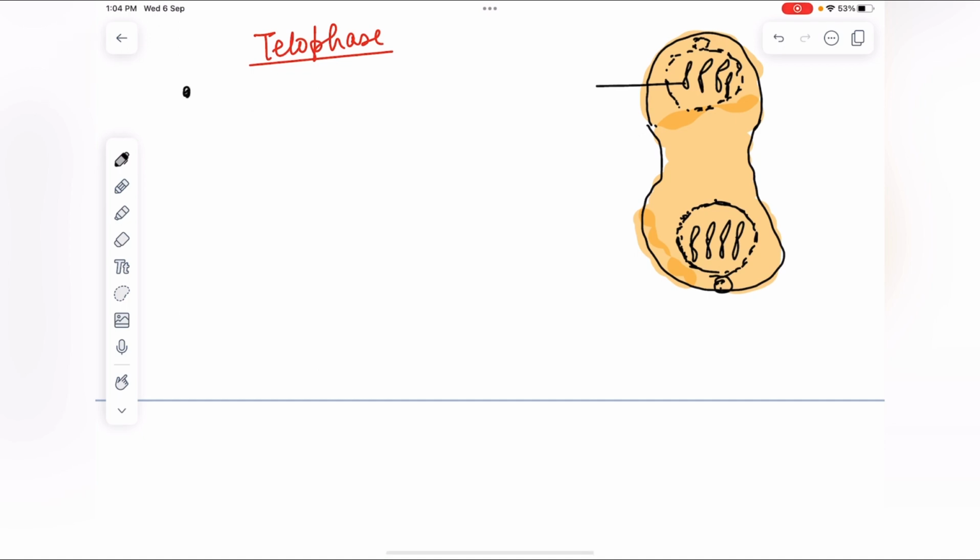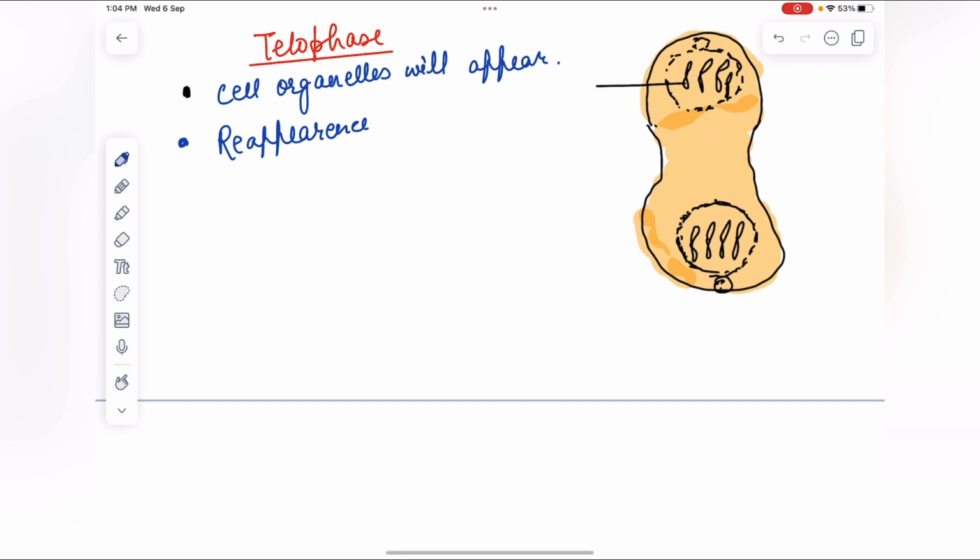What happens in this? Cell organelles will appear, and there will be a reappearance of the nuclear envelope. You can say nuclear envelope or nuclear membrane. This telophase is the same as the prophase in reverse. In this phase also there is an early telophase and a late telophase, and this is early telophase, and next is late telophase.